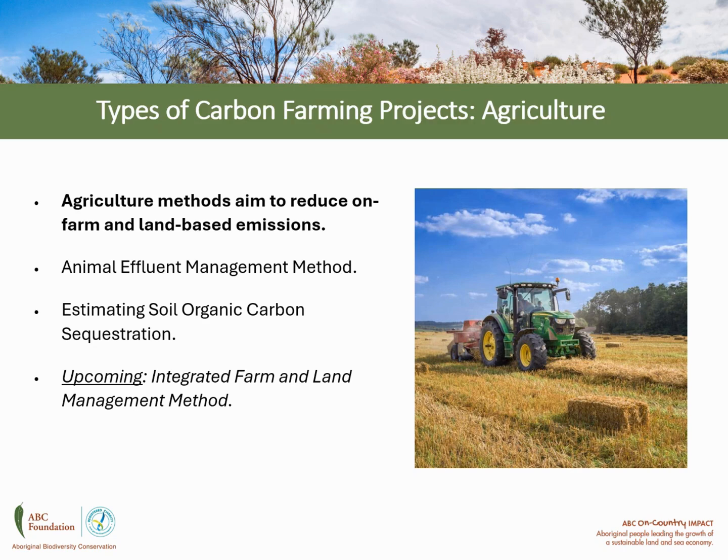Estimating soil organic carbon, again, this goes back to soil carbon. This is just measuring how much carbon is being stored in your soils. And upcoming, there is the integrated farm and land management method, which is a new method coming for farmers, which will integrate a bunch of different aspects of different carbon farming projects, making it easier for a farmer to account their on-farm emissions.